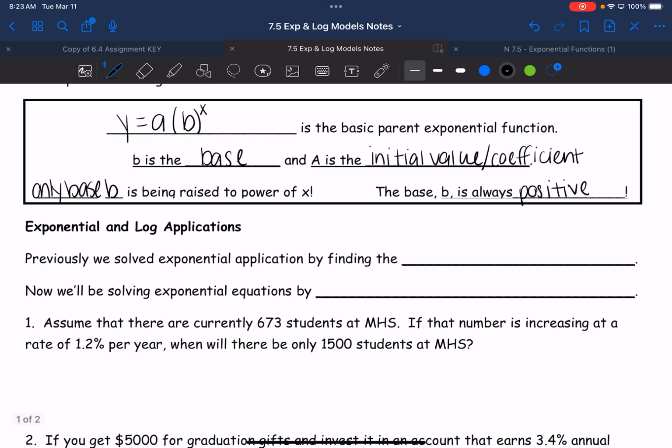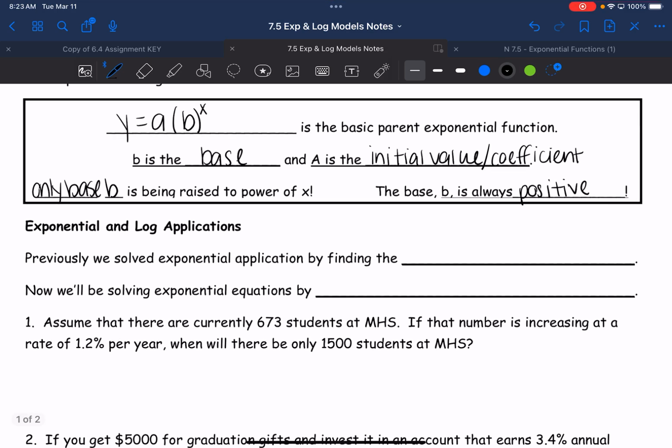All right, so just like I was saying, previously whenever we solved those equations in 7.1, we were just using our exponential form, putting it in our calculators and finding their intersection point. But now we can solve our exponential equations by using logs or logarithms.